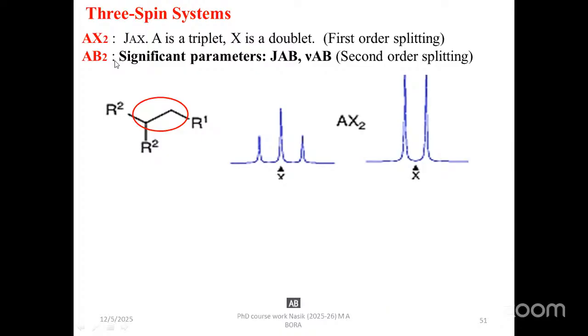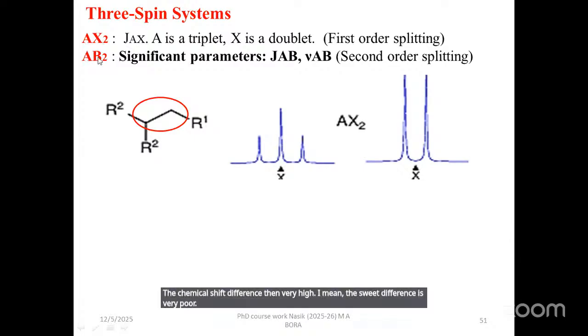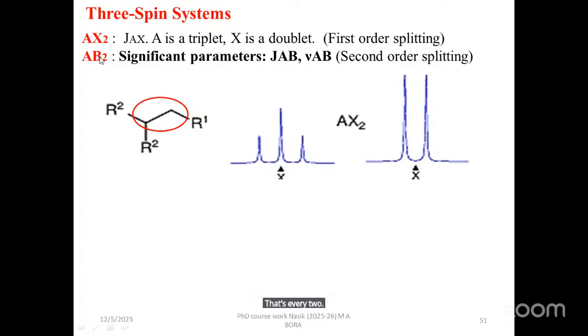AB2 is again the same. Now why AB2? What is the difference between AX2 and AB2? When the chemical shift difference is very high, it is AX2. When the chemical shift difference is very poor, then it is AB2. Both should split as a triplet and doublet, but AB2 is distorted and shows second order splitting, whereas AX2 will show a nicely separated doublet and triplet.